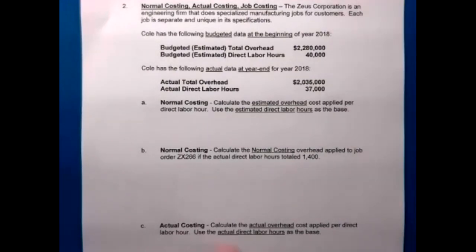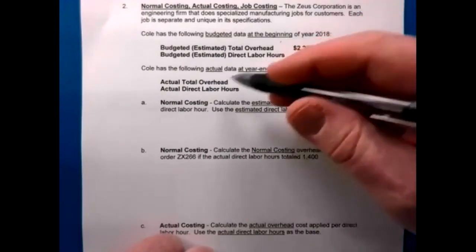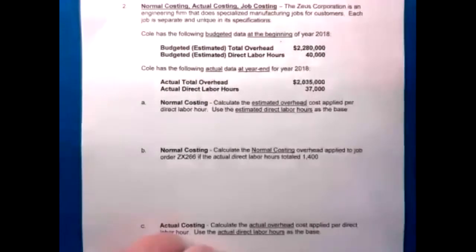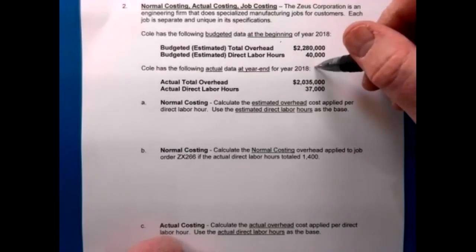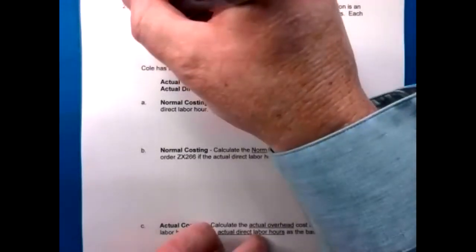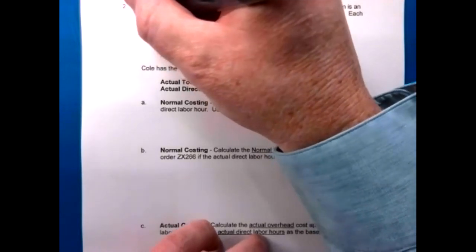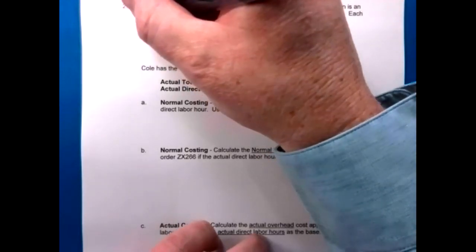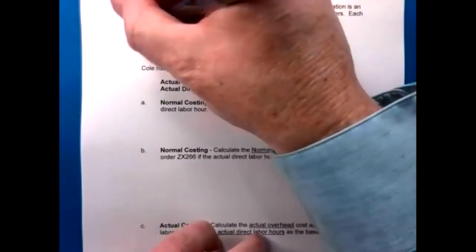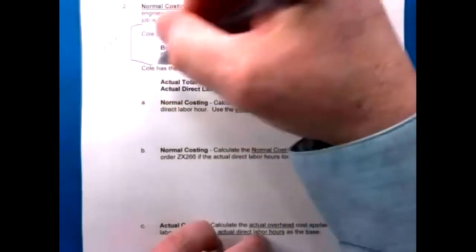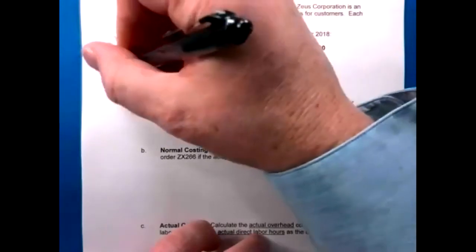This one, again, we have the budgeted and then we have the actual, and this would be done 2018. Why different years here. So okay, so this will be 2018. So this will be during the year. And this will be after year end.